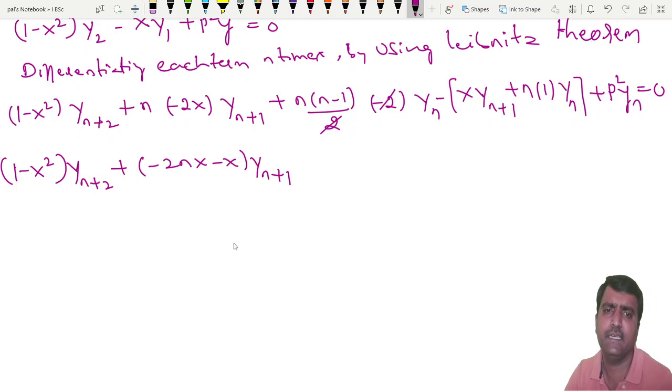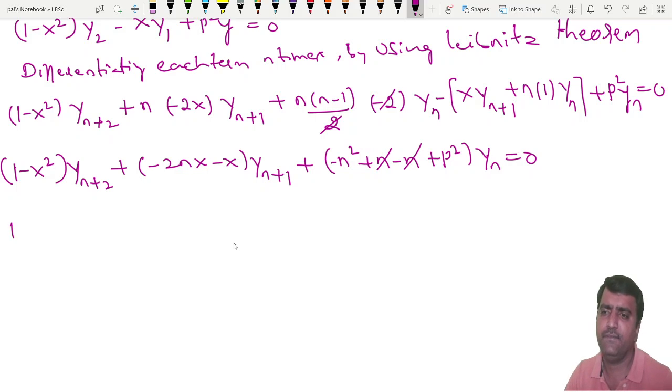And plus, you take yn common factor, remaining here is n square. So actually there is a minus, minus n square plus n. And if you take yn common factor, plus into minus becomes minus, so it is minus n, and the last is plus p square into yn is equal to 0. Plus n cancels with minus n.